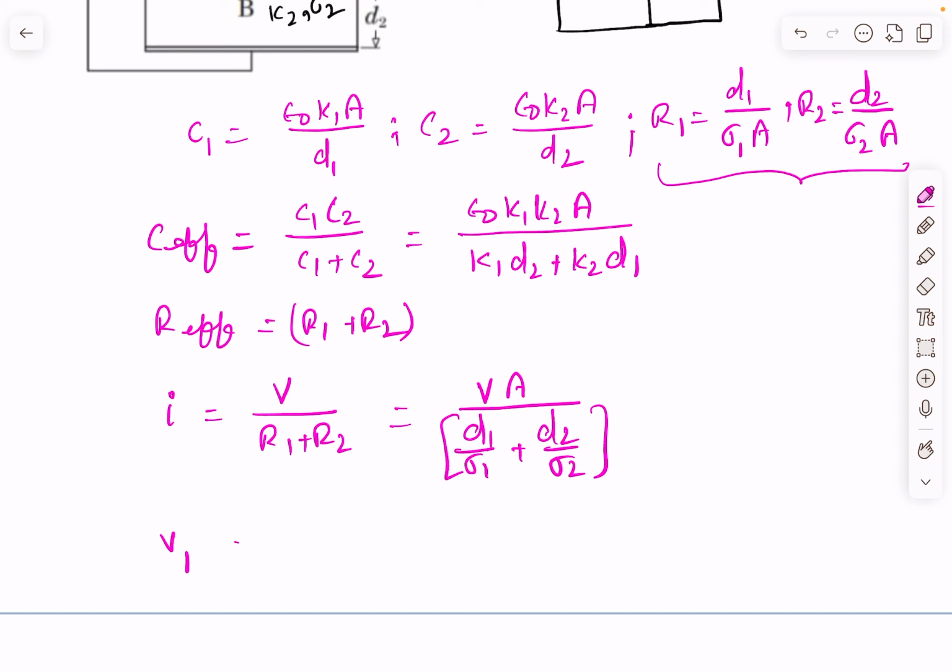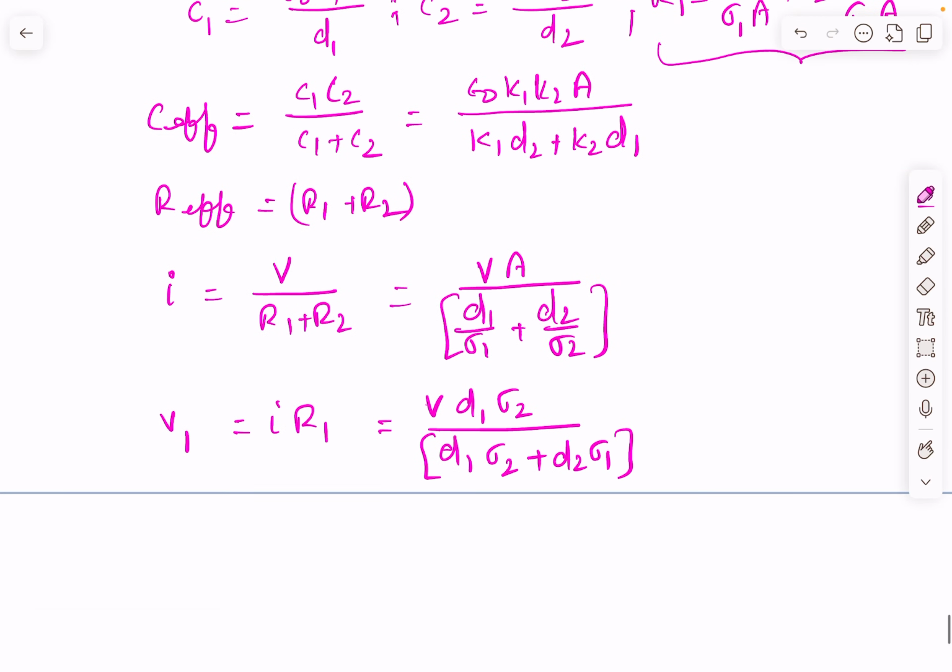So V1 can be written as I into R1, and if you put the value of I and R1 here and simplify, then V1 can be found out to be V into D1 sigma 2 divided by D1 sigma 2 plus D2 sigma 1.